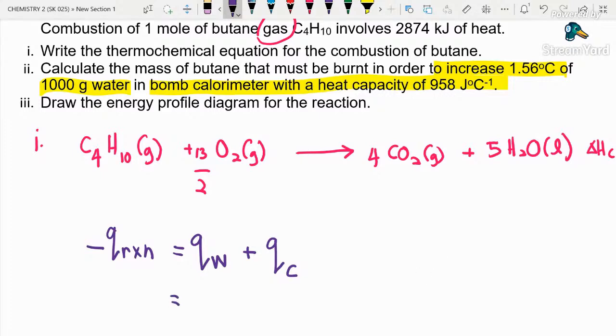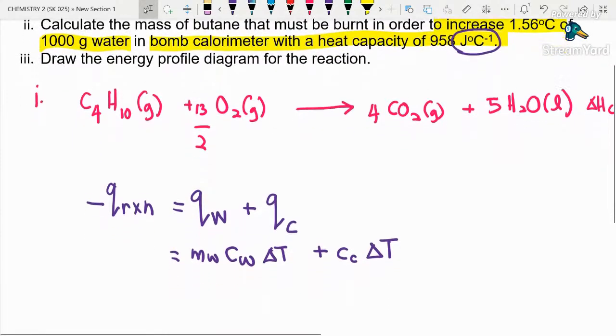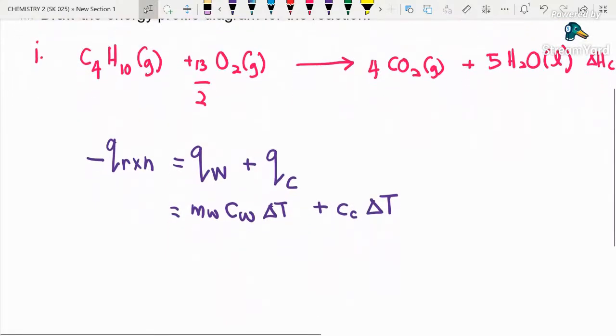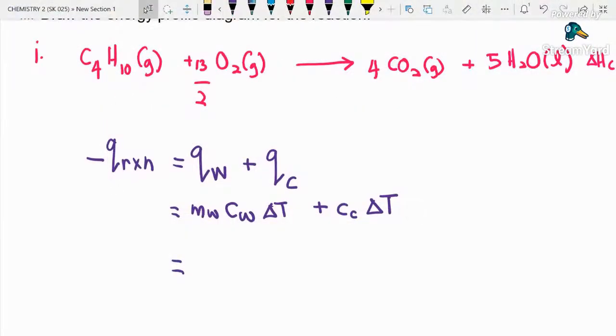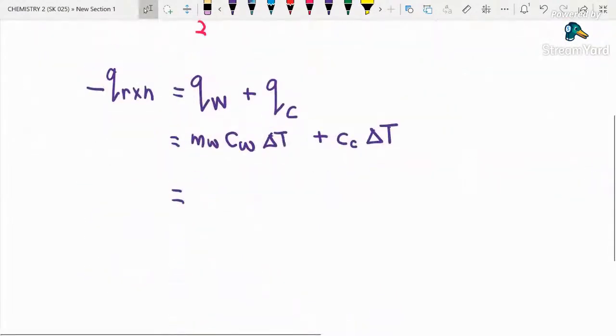Now, what about water? We already have the mass of the water, C water is a constant, and delta T. For the calorimeter, remember it is in joule per degree Celsius, so we use C calorimeter times delta T. So we use that formula. The mass of water, we already have, is 1000 gram, 1 liter.